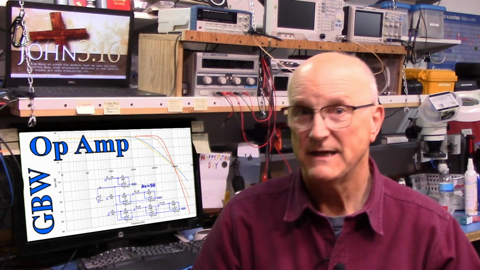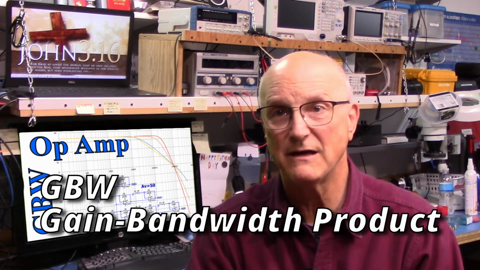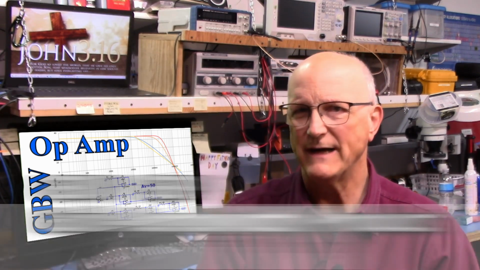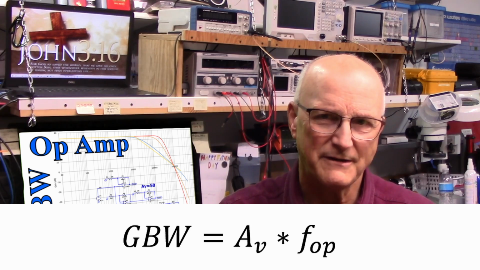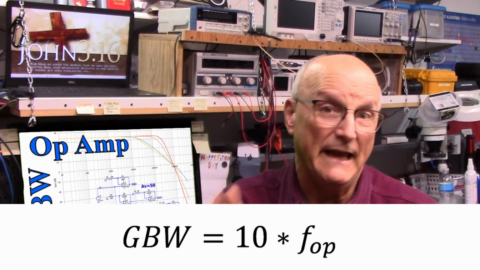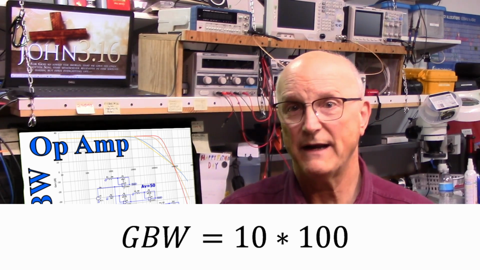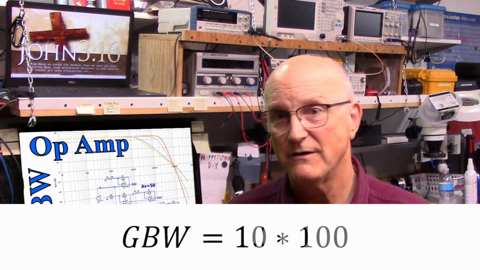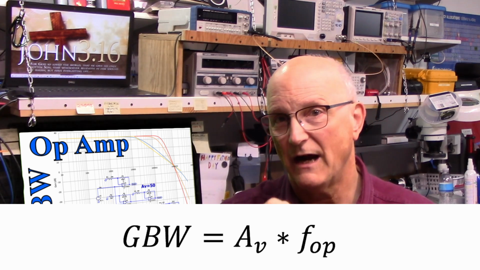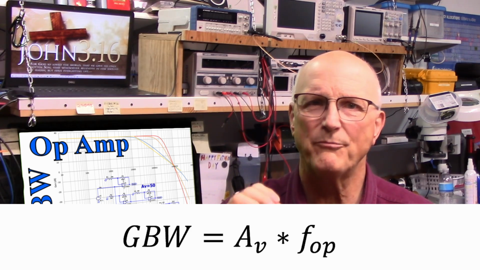Now with op-amps, they have a specification called gain bandwidth product, or GBW, or sometimes GBP, but as the name implies, this is the gain of the circuit times the operating frequency. So if the gain is 10 and we're looking at 100 Hertz, then this product is 10 times 100 or 1,000. The gain of the circuit times the operating frequency will never exceed the gain bandwidth product as given in the data sheet.